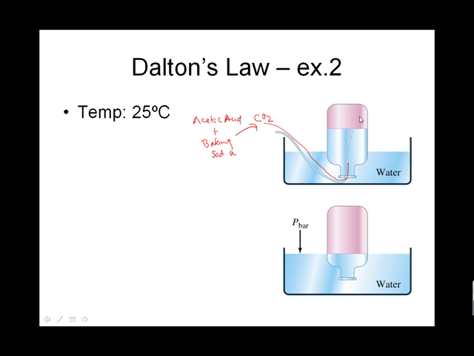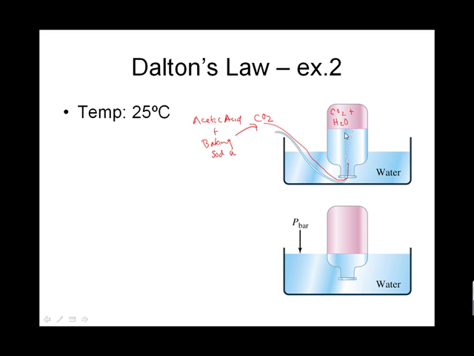This allows me to collect the CO2 gas while displacing some water. Okay? So in this container now, I have CO2 gas, but I also have another kind of gas, and that other kind of gas is the water vapor from the water that was in the container.